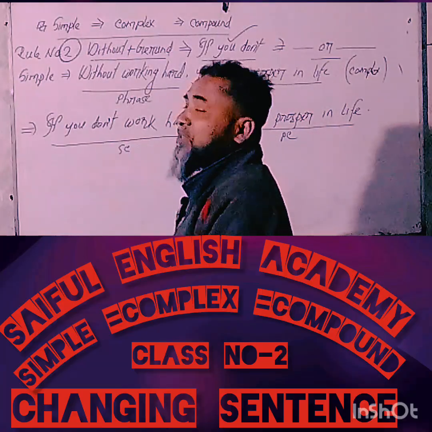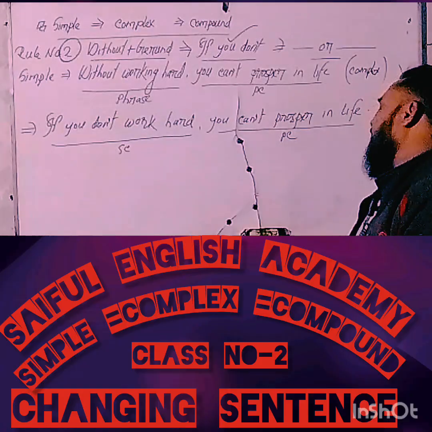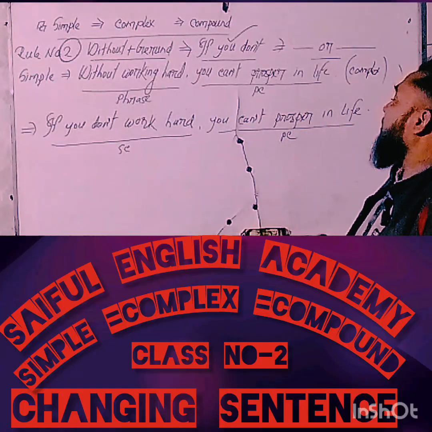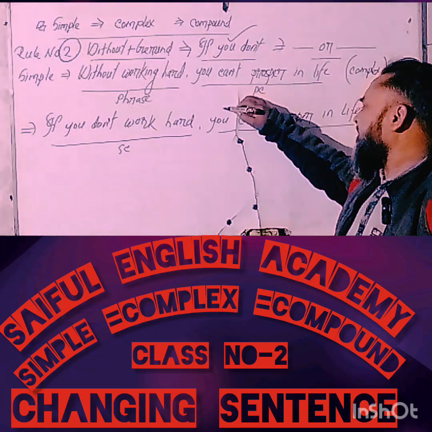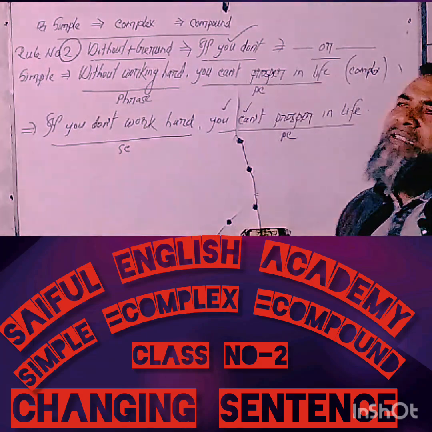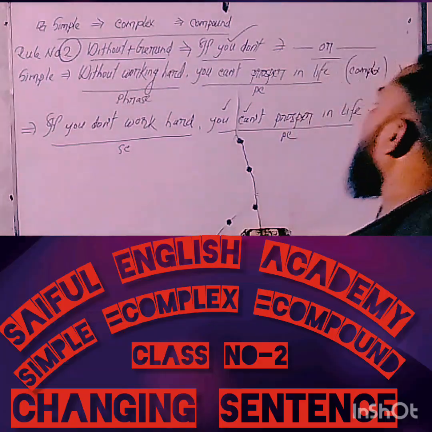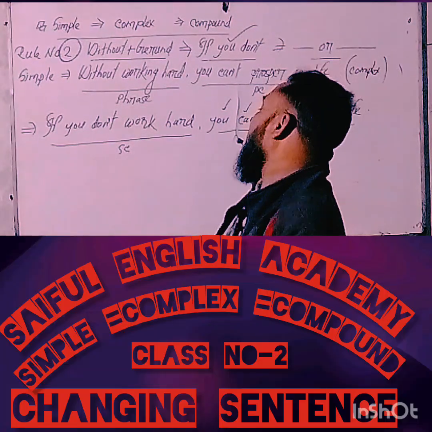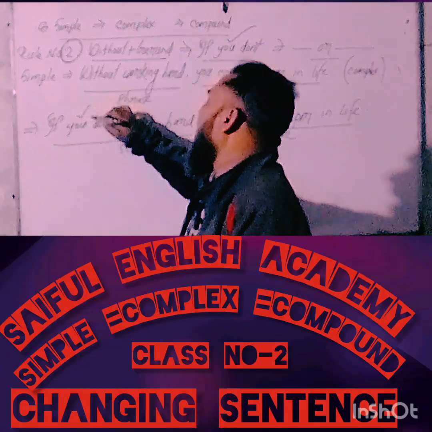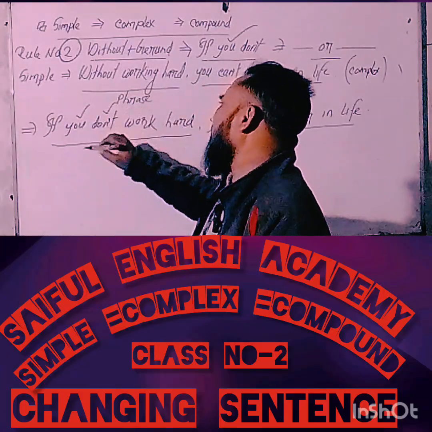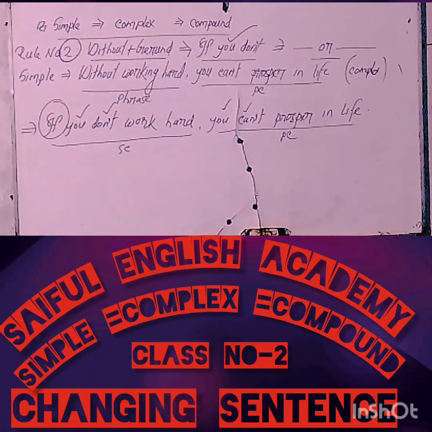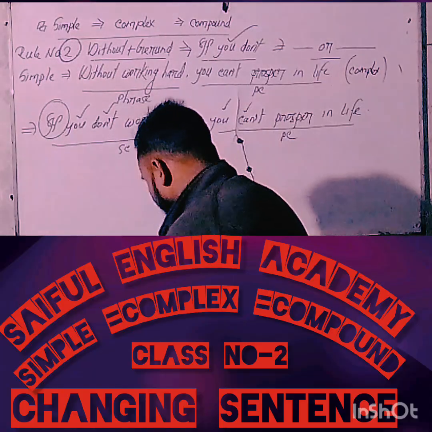Of course, you know what a principal clause and a subordinate clause are. A principal clause is a type of clause which has a subject and a finite verb. And a subordinate clause is a type of clause which has a subject and a finite verb with a subordinating conjunction. Hope that you have understood clearly.